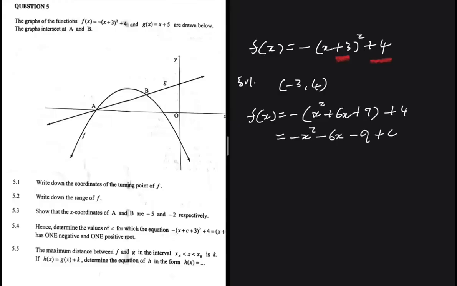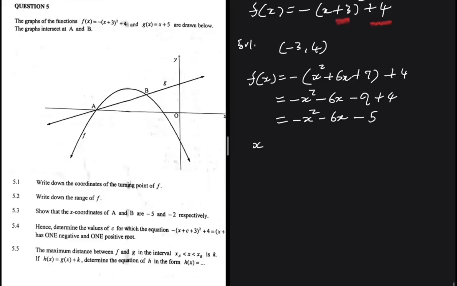So if we do that, we're going to have f of x being equals to minus x squared plus 6x plus 9. That's what you get when you solve x plus 3 to the power 2 and then plus 4, right? So we're going to have minus x squared minus 6x minus 9 plus 4. So this is equals to minus x squared minus 6x minus 5, right?